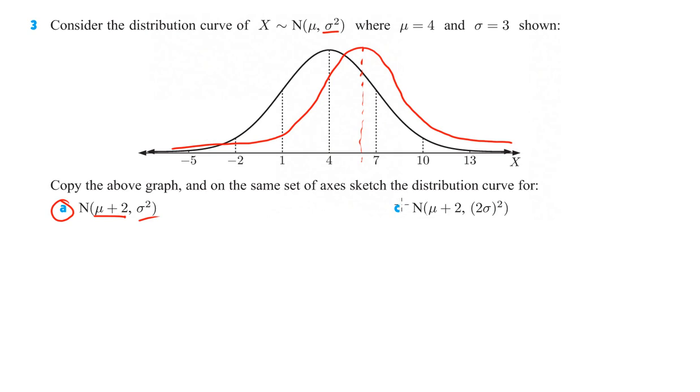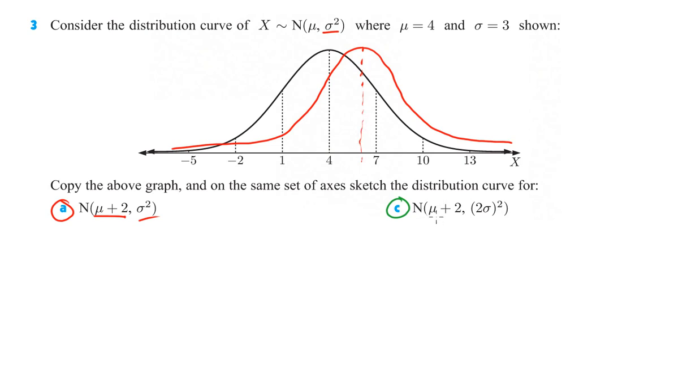Okay, now with C, our mean moved over 2, but now our standard deviation is 2 times that. So this is going to be a bigger number because instead of 1 squared, it's going to be 2 squared. So that means the data is going to be spread out a lot farther.